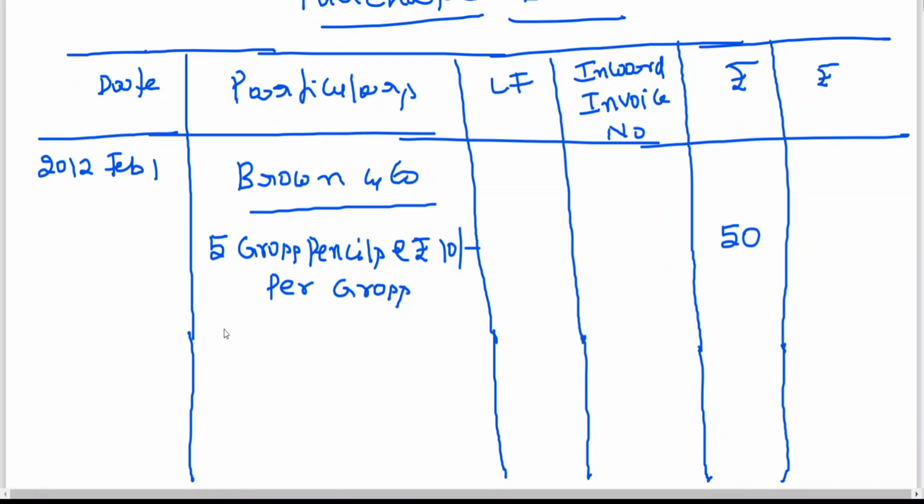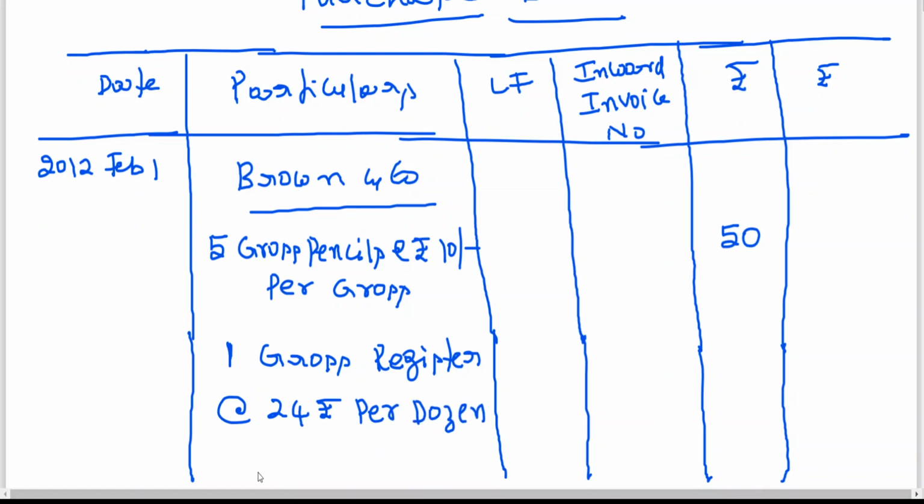Then 1 gross register at the rate of 24 rupees per dozen.